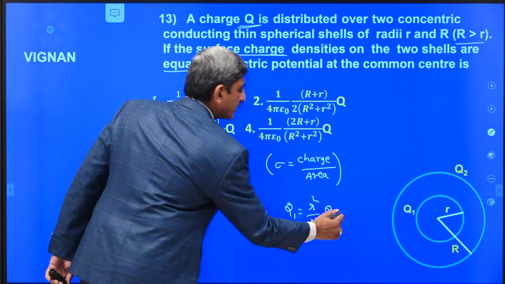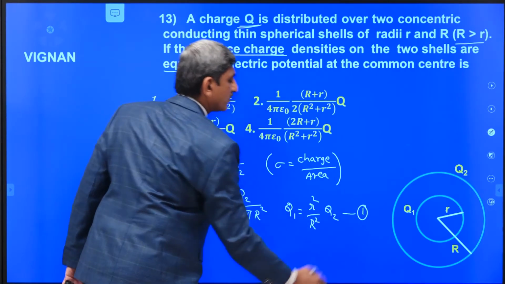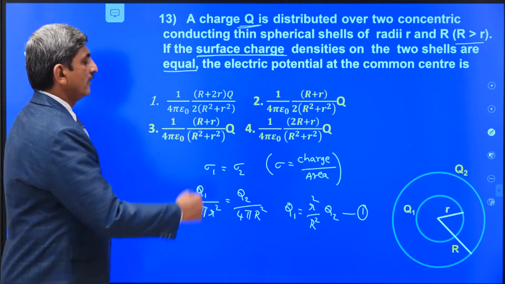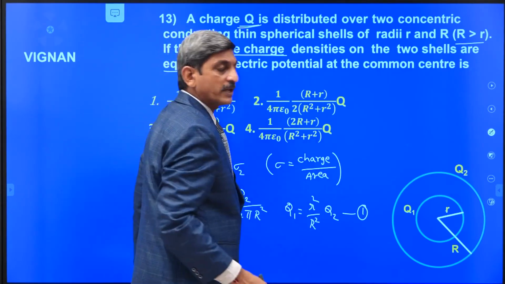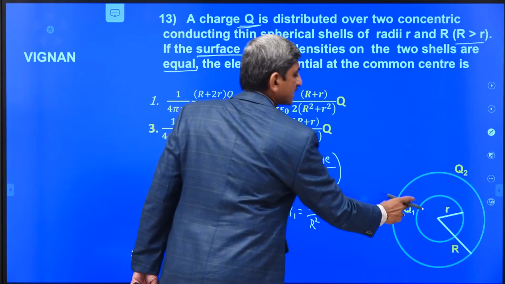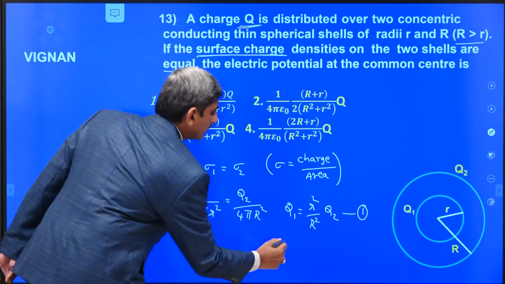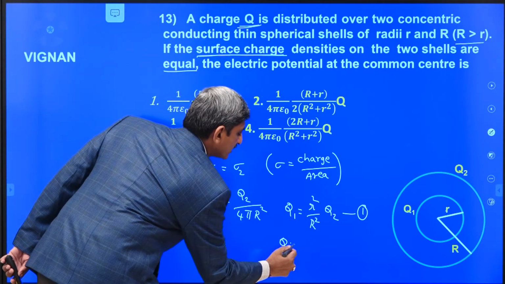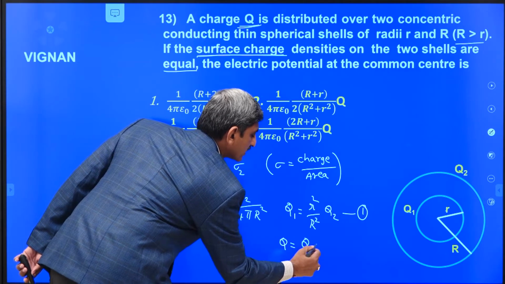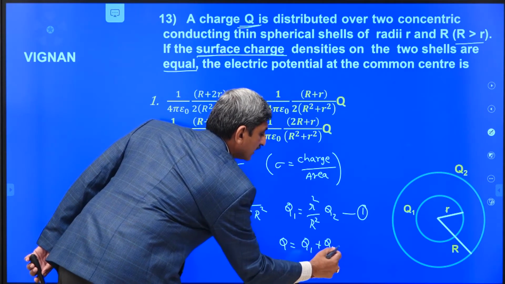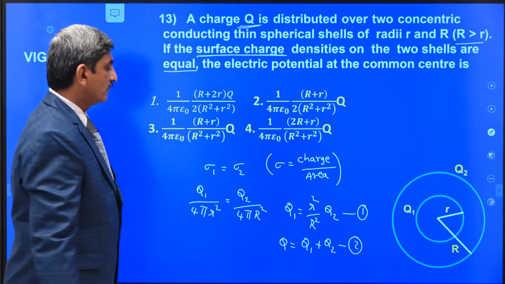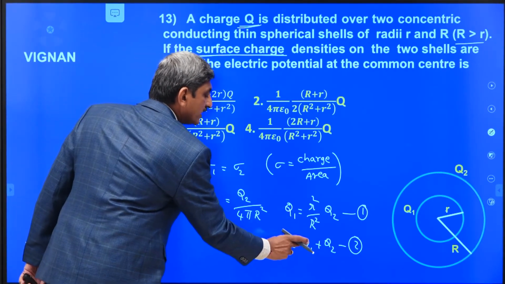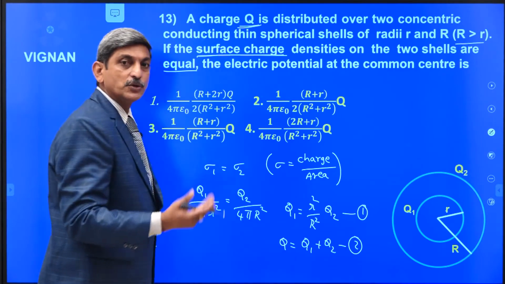Now we have one equation in terms of Q1 and Q2. But it is given that the total charge Q is distributed on the two shells as Q1 and Q2. That's why the total charge Q is equal to Q1 plus Q2. Let it be equation number 2. Now by substituting the Q1 value in this equation, we get the Q2 value.